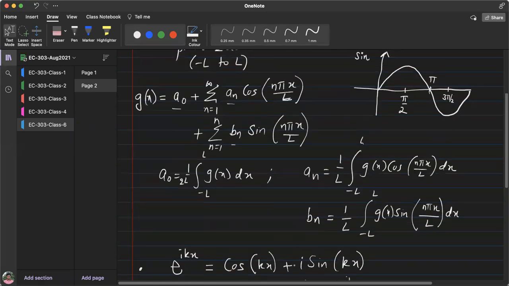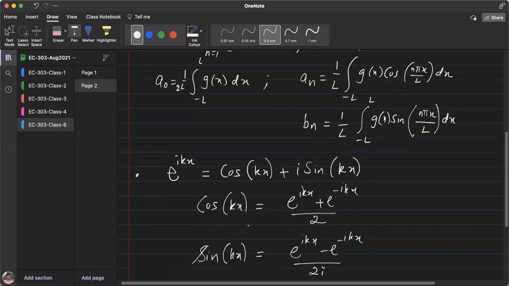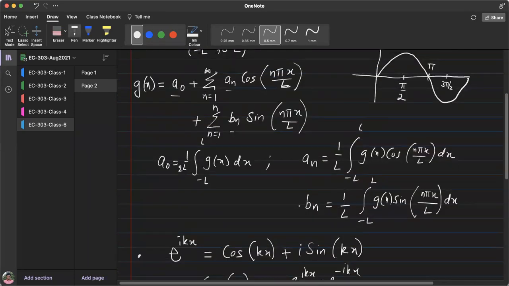Now, if you go back to the Fourier series and replace cosine and likewise sine by this formula in terms of exponentials, what you can show is that g of x can be written as, again, a constant, plus the sum over k from minus infinity to plus infinity of ck e power i k pi x over l.